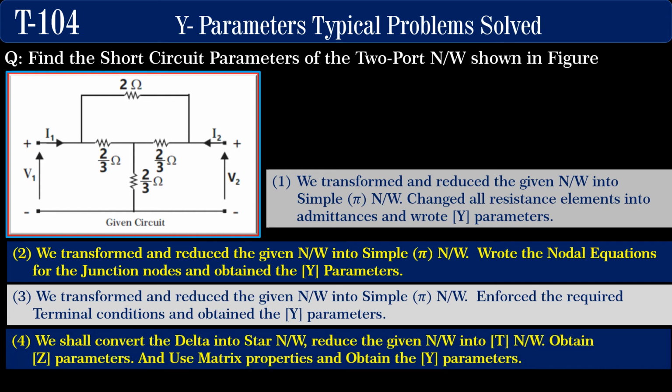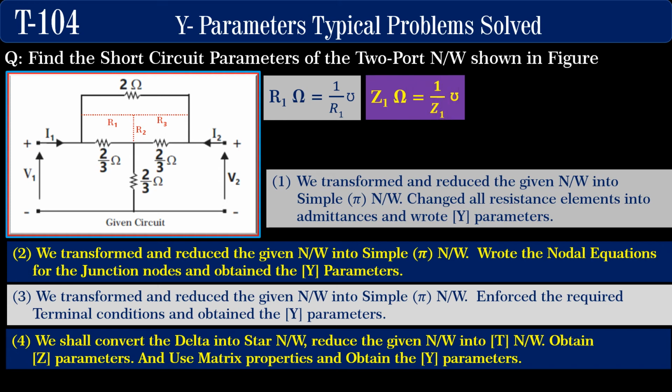But in this fourth method, we shall convert this delta into star and reduce the given network into a simple T network and obtain Z parameters and use the matrix properties and obtain Y parameters. I will explain how. But before that, I want you to understand and remember that R1 in ohm is equal to 1 upon R1 in mho.